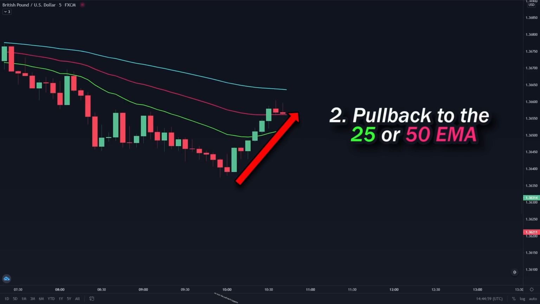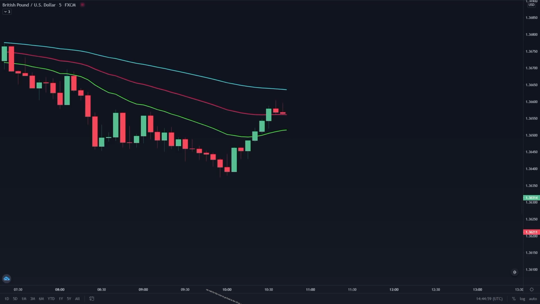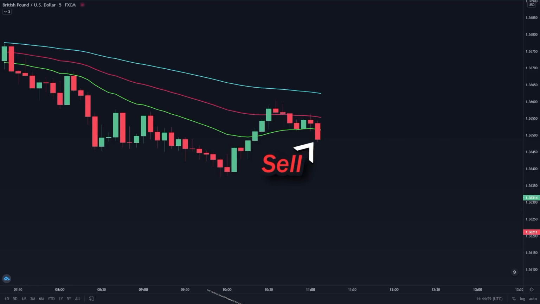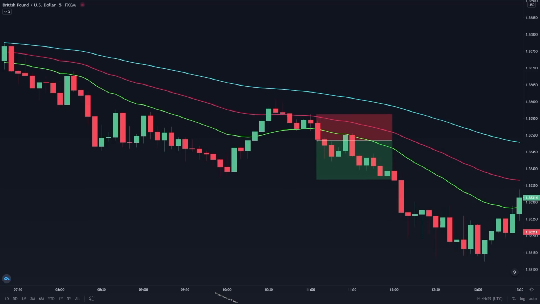So once the pullback happens, we wait for the price to go back to the 25 EMA again, and when it does, you take a sell position here. Next, we set up our profit target and stop loss here. And as you can see, the price hits our profit target, and this would have been a successful trade.